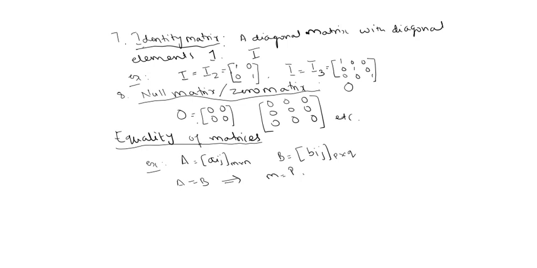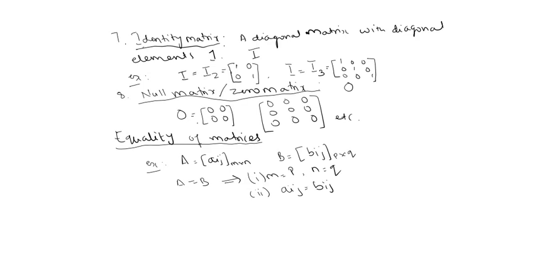This is the first thing, that is, two matrices should be equal means their order must be equal. The second thing is corresponding elements must be equal, that is Aij must be equal to Bij. Then only we can say that two matrices are equal.